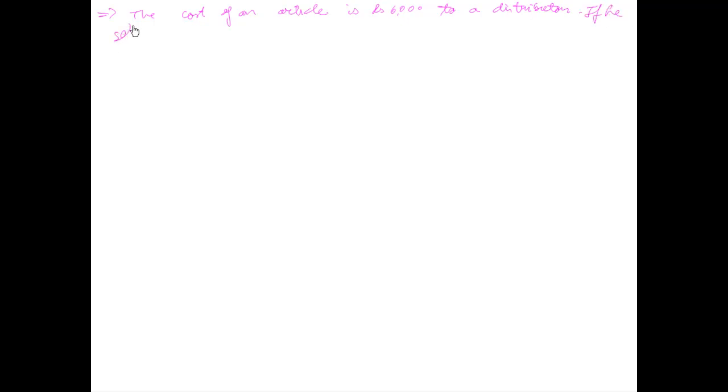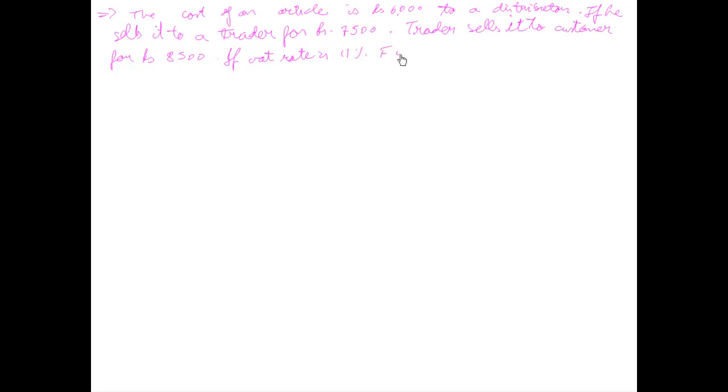He sells it to a trader for rupees 7,500, and the trader sells it to a customer for rupees 8,500. If the VAT rate is 11%, find the VAT paid by the distributor and the trader.